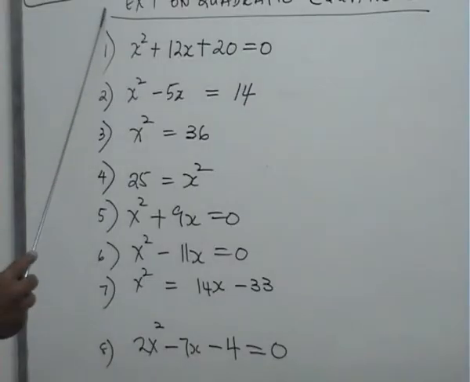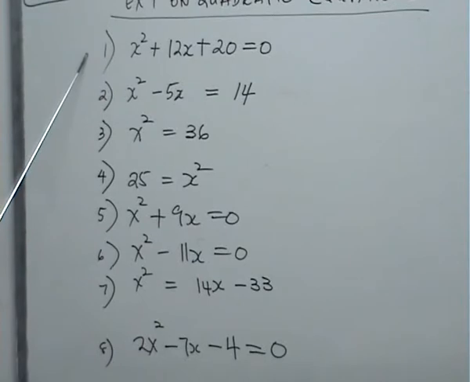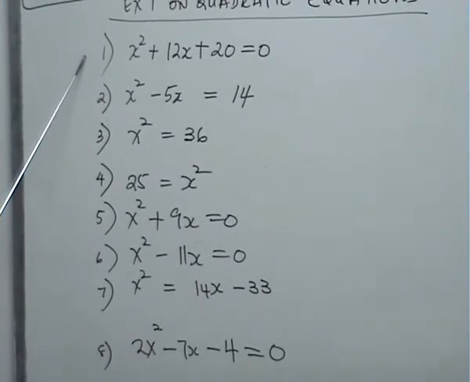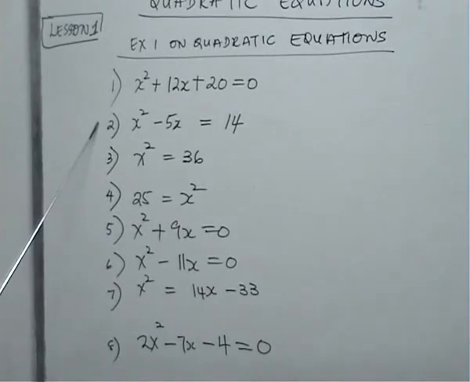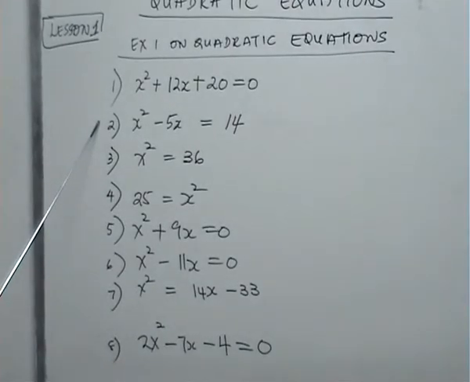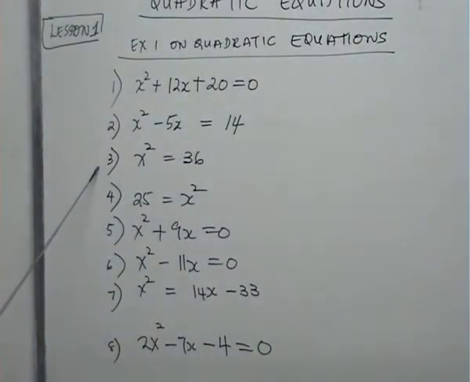Here we have exercise 1 on quadratic equations. Number 1, x squared plus 12x plus 20 is equal to 0. Number 2, x squared minus 5x is equal to 14. Number 3, x squared is equal to 36. Number 4, 25 is equal to x squared.